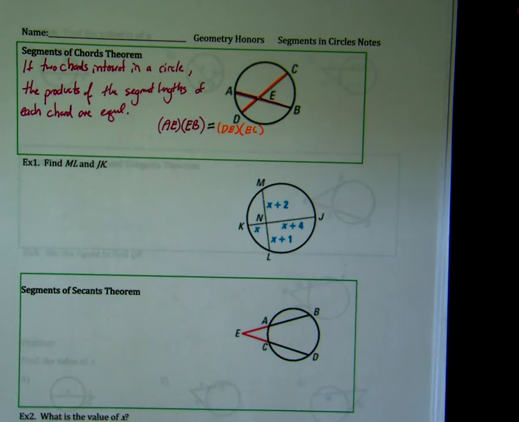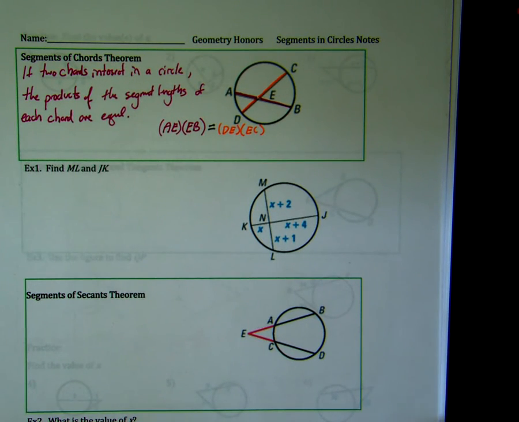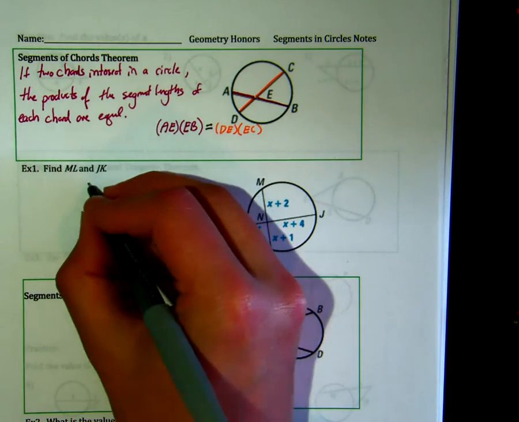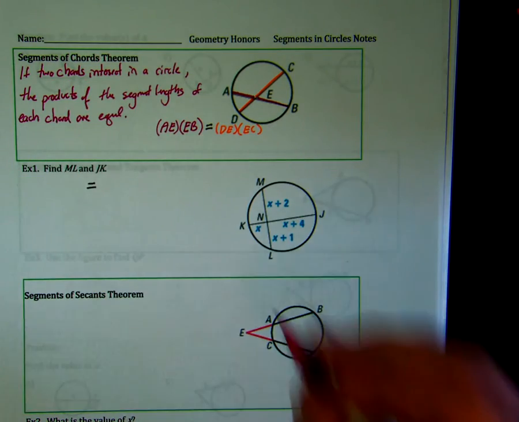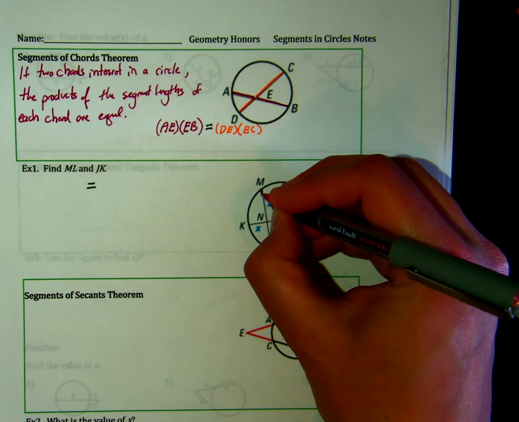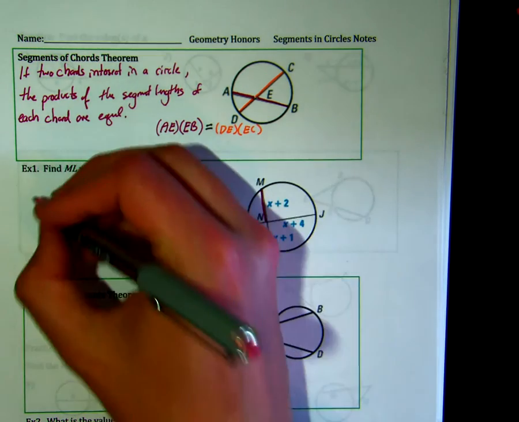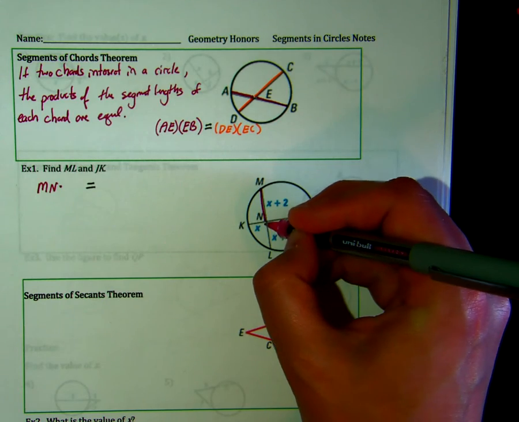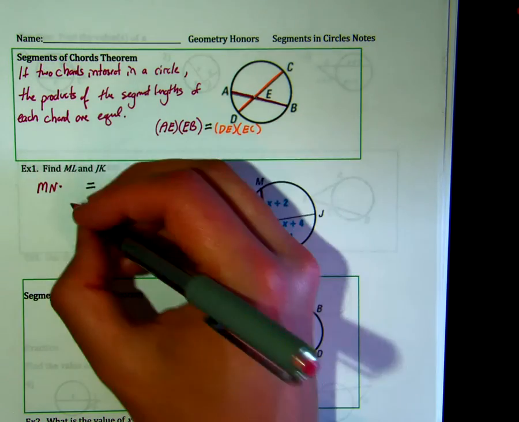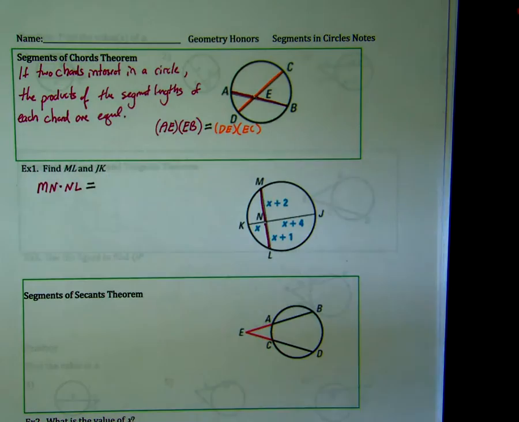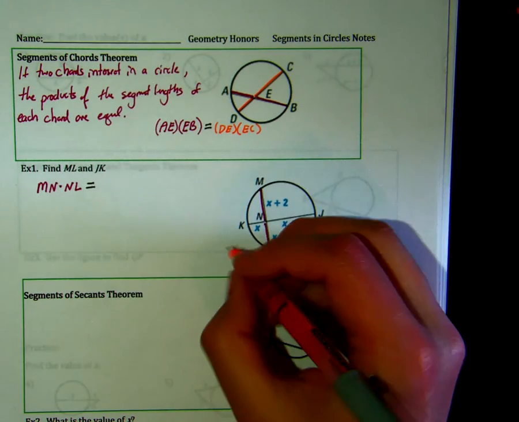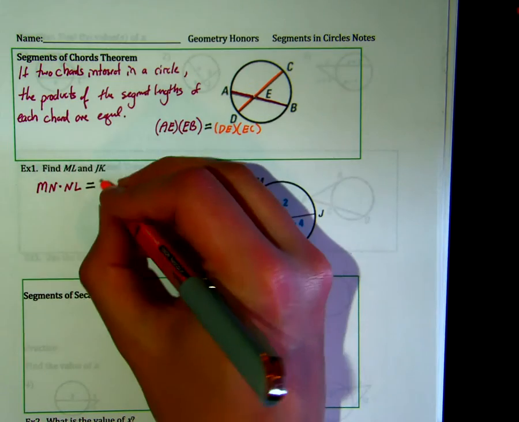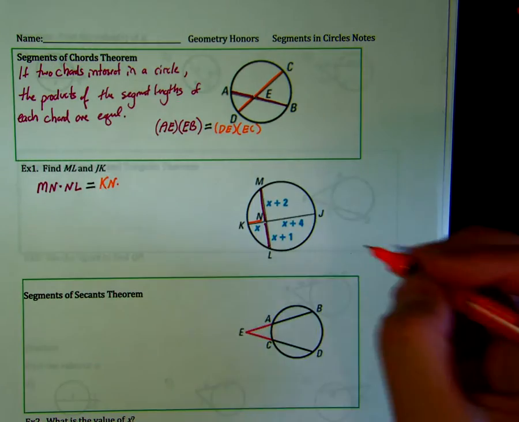So what does it look like here? So if I have this piece, we're going to have a couple things. These things are going to be equal to each other. So this chord ML is made up of MN and NL. So the product of MN and NL is equal to the product of the pieces of chord KJ, which are KN and NJ.